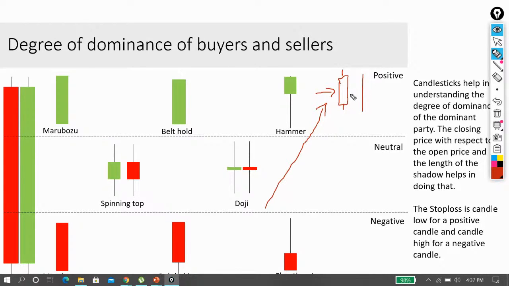But if a doji forms here, doji looks like this, right? If a doji forms here, this means that the price effectively closed wherever it opened. It didn't go down, it didn't go up. So neither buyers are confident nor sellers are confident. So this is a very powerful candle and we should always wait for confirmation.